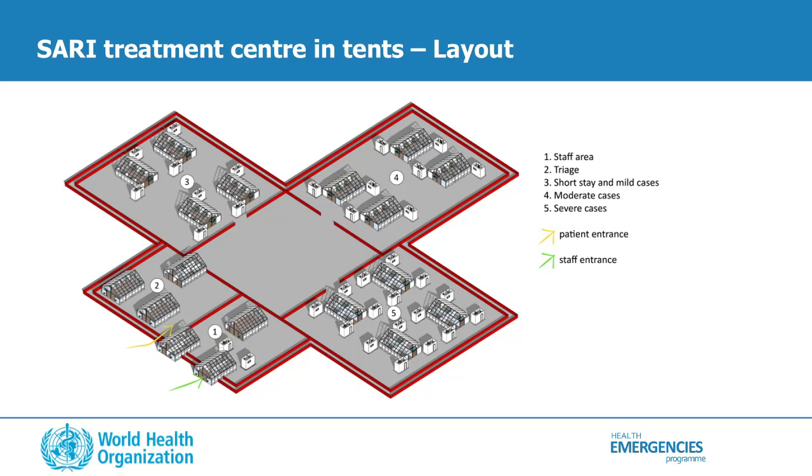It follows the same logic, so you need to have all the zones, like 1, the staff area, 2, triage area, 3, the short stay, 4, the moderate ward, and 5, for the severe cases.